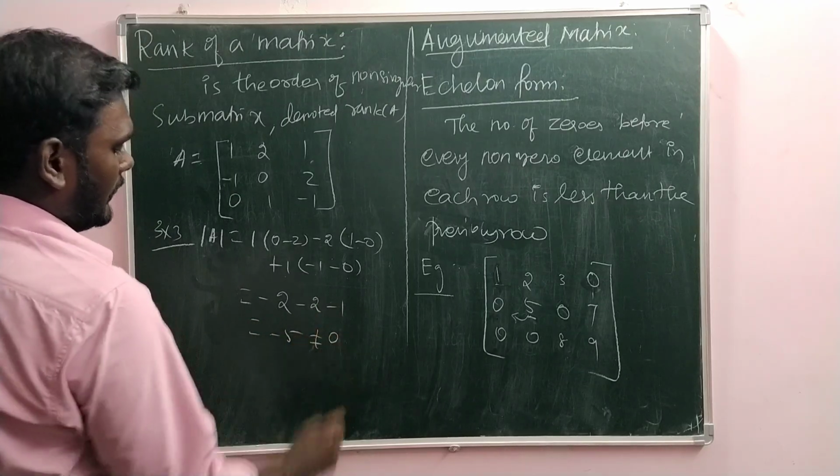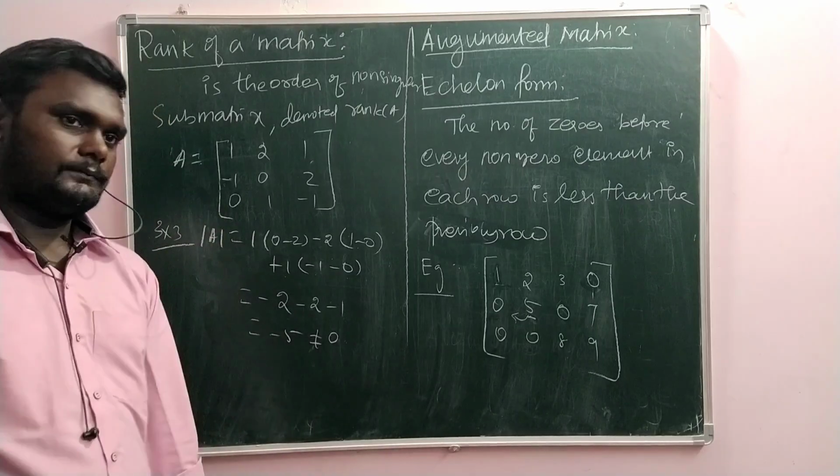So we get minus 5, which is not equal to 0. So the rank of the matrix is 3.